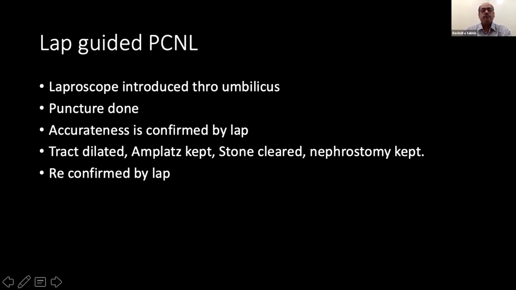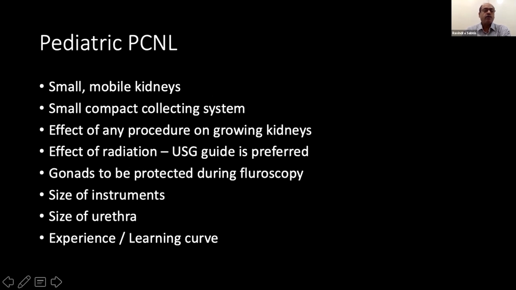Once the puncture is properly done, the subsequent steps are like any other PCNL. Again, at the end of the PCNL, reconfirm by laparoscopy that you have not damaged anything, put a small drain and you come out. So that is about the laparoscopy guided PCNL.